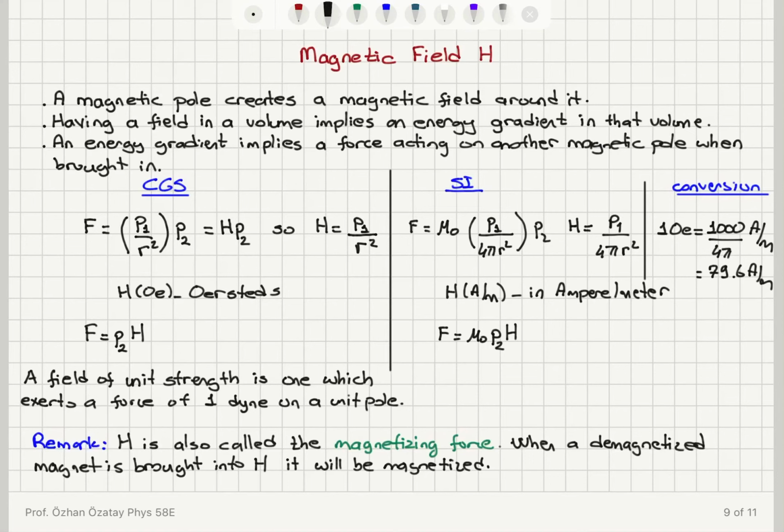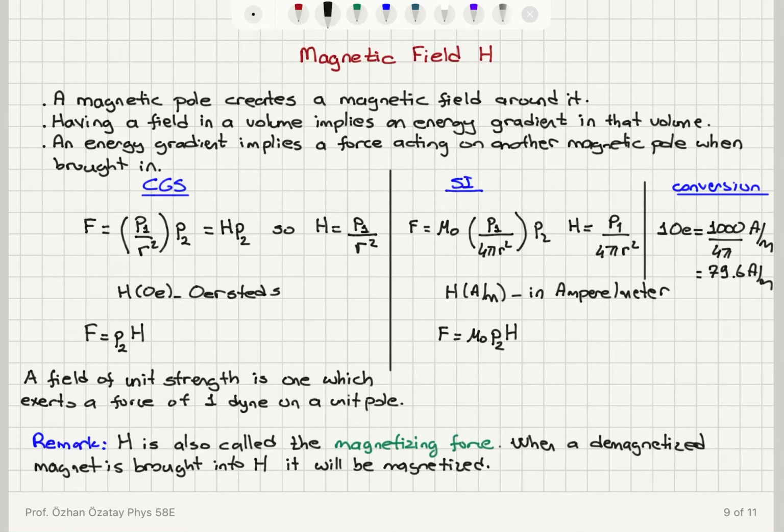So a magnetic pole creates a magnetic field around it. And if you have a field in a volume, that means you have an energy gradient. You know that force is minus the energy gradient. So you have a force that will appear on a magnetic pole when it is brought in.